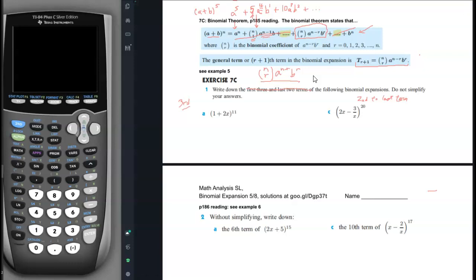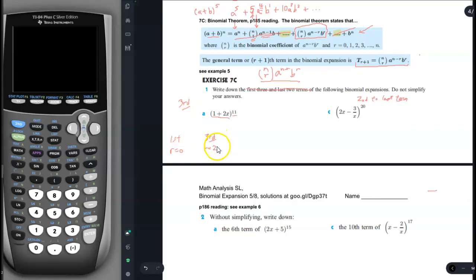So the first term is called R equals 0, and the last term is called R equals n. For example, in this first one, n equals 11, right? The last term would be R equals 11. The first term would be R equals 0. Since the first term is R equals 0, what would the third term be? It would be 0, 1, 2, right?